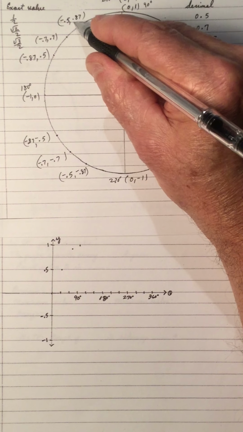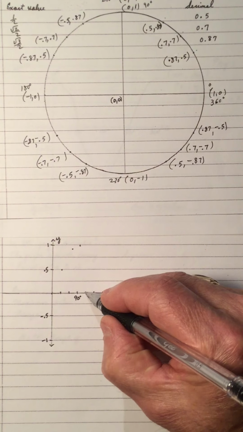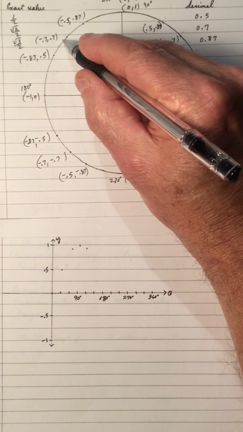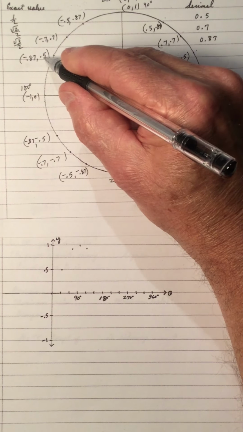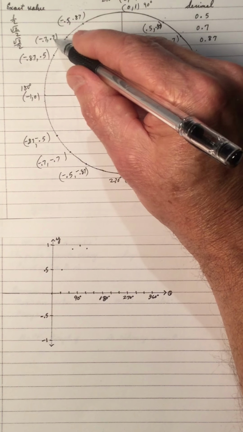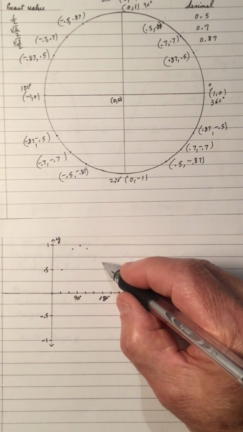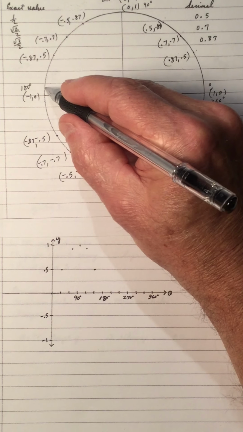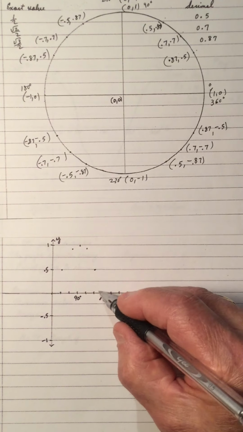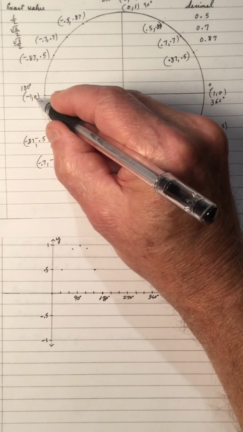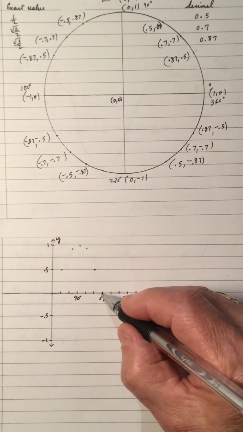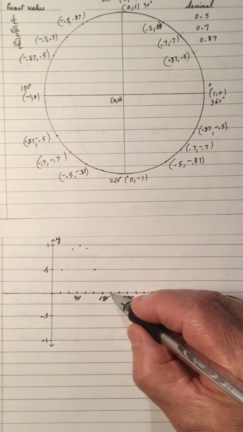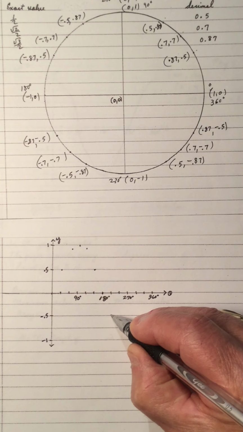And then looking at the y again, now the y is 0.87 for 120 right here. Then the y is 0.5. So we're back to 0.5 right there. And the y is down to 0 again, right there. At 180, y is 0. And notice now, the y is -0.5 right there.